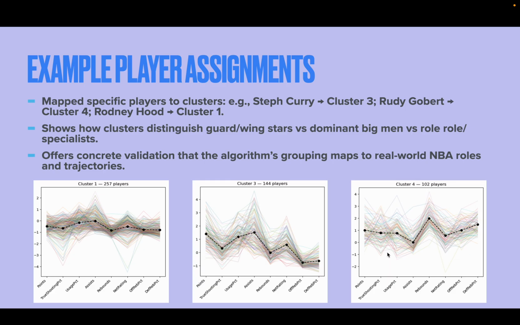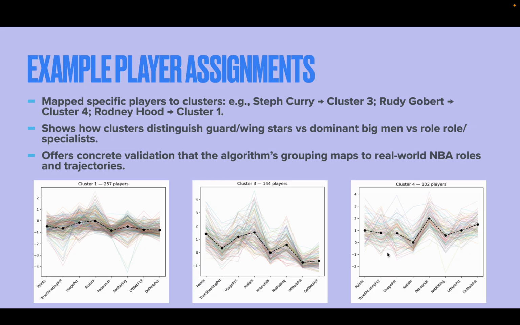So as you can see below, cluster 1 is your kind of average or below average player, not high impact. Cluster 3, high in assists, well over the average, high in usage, shooting percentage still above average, points way above average, but not huge on rebounds, because these are typically your guards and small forwards.